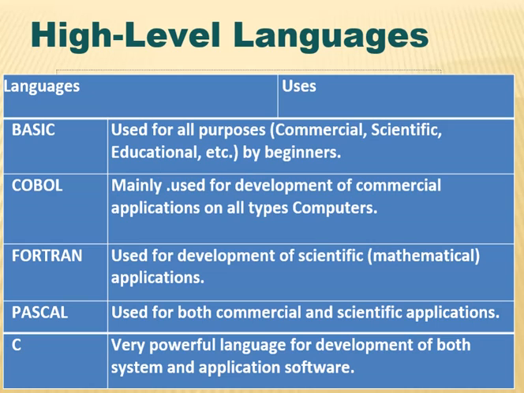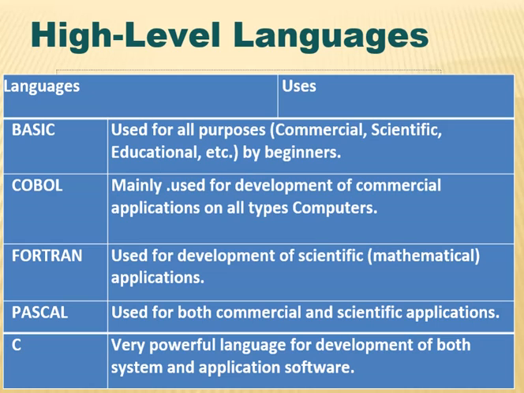So some of the examples of high level languages are BASIC. Probably you would have learnt it at your school level. BASIC stands for Beginners All-purpose Symbolic Instruction Code. Then COBOL, which is Common Business Oriented Language. Then Fortran, Formula Translator.